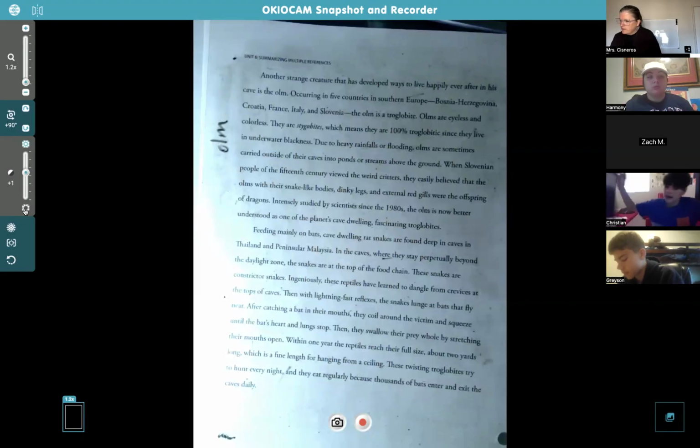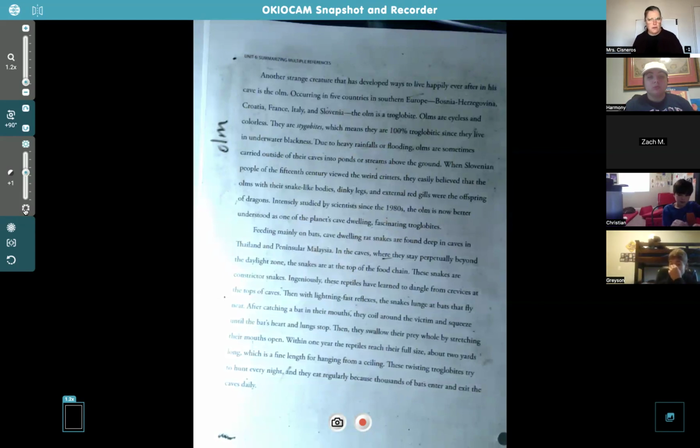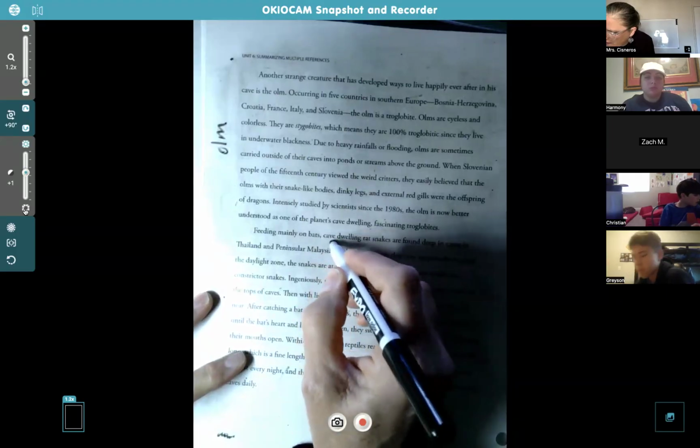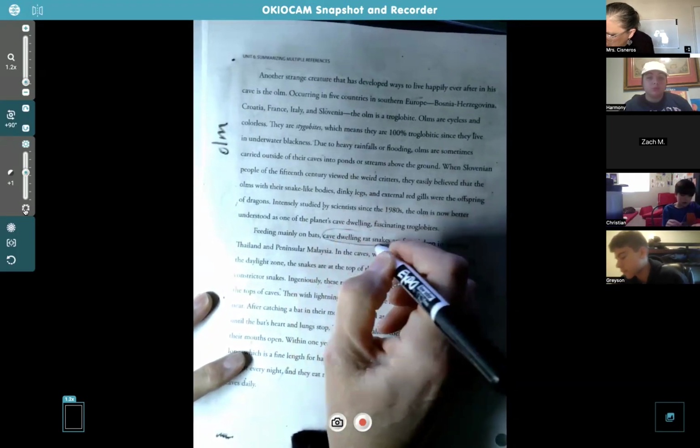Okay. So it sounds like it's describing a troglobite. From that first sentence, can you tell what the name of it is? Cave-dwelling rat snakes. Yeah, cave-dwelling rat snakes. That's what they're called. So let's circle that right here in that first sentence.